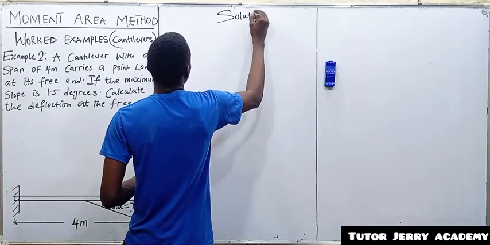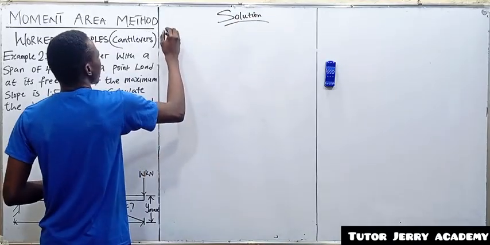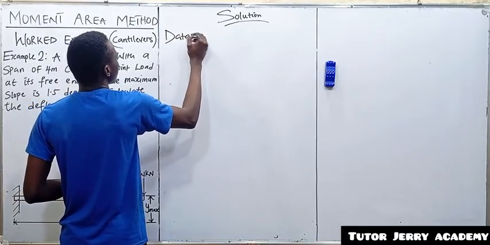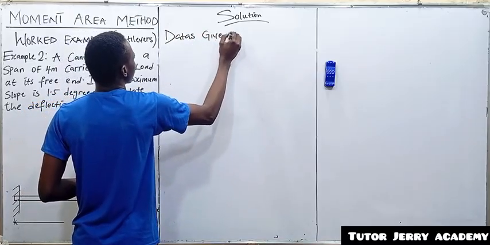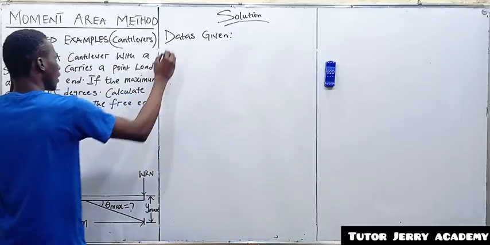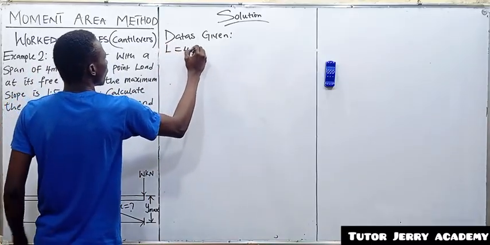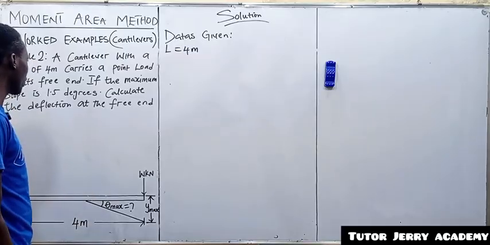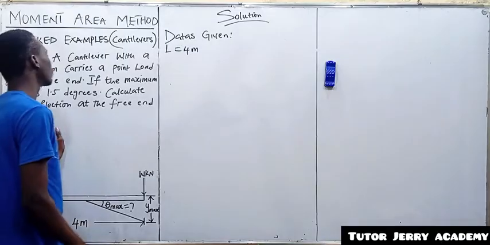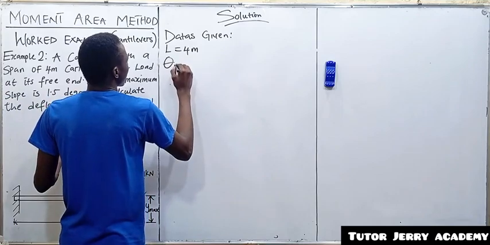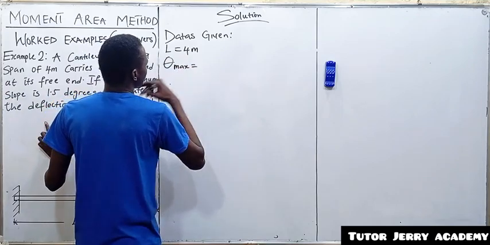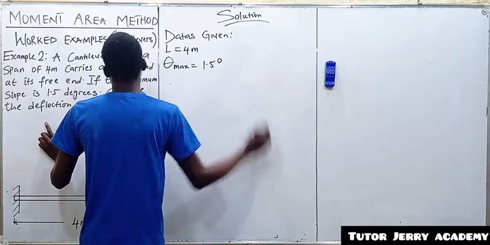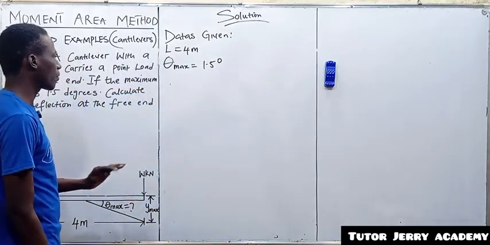Data given: the length L is equal to 4 meters. We are not given the point load at the free end. We're given the maximum slope to be equal to 1.5 degrees. So this is all we have here.